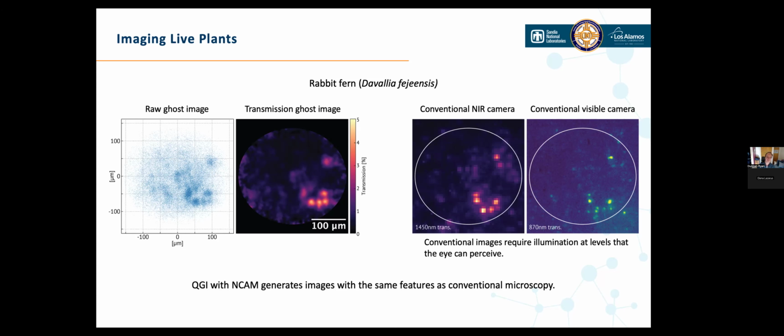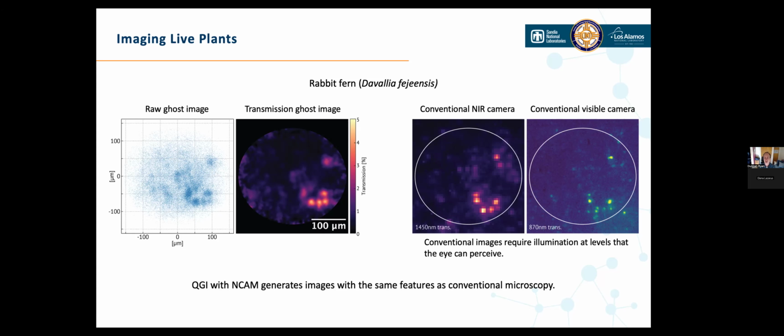But I will say, between the transmission ghost image and the conventional microscopy images, there are a lot of features that line up pretty well. But for the conventional microscopy images, I had to essentially turn up the light levels to the point that I could place my hand in there and see the light on my hand in order to capture these.